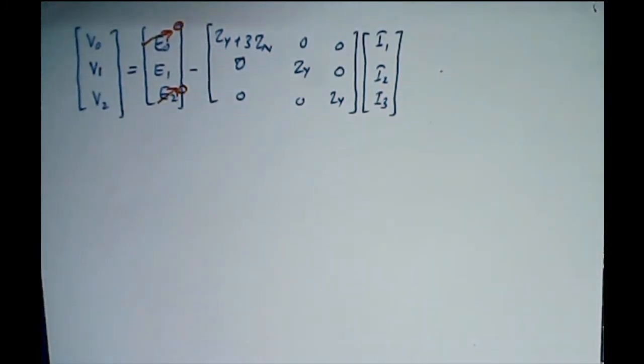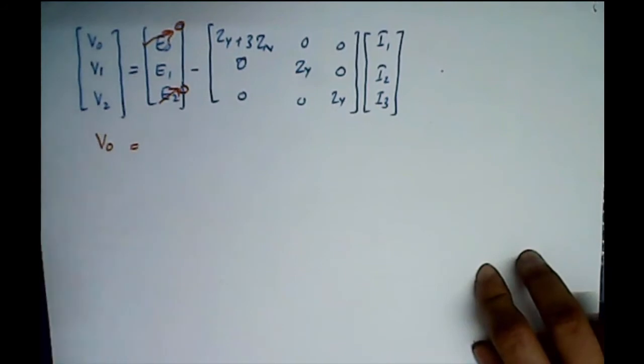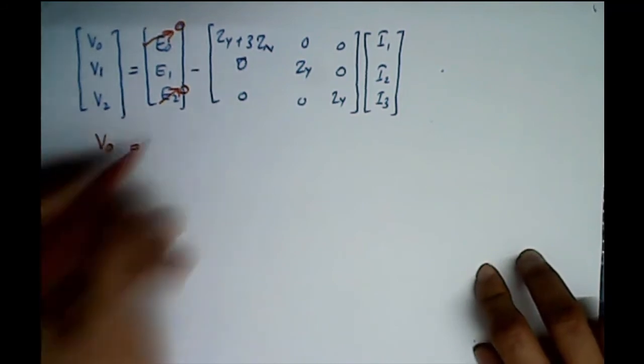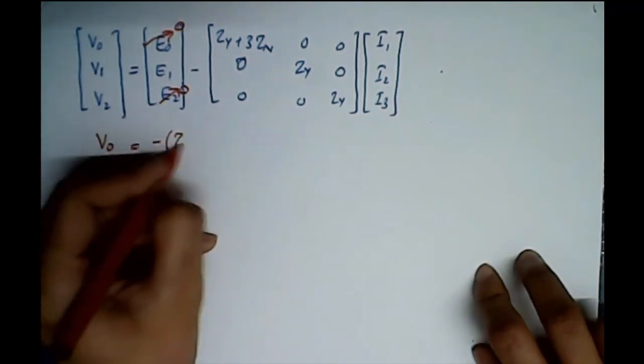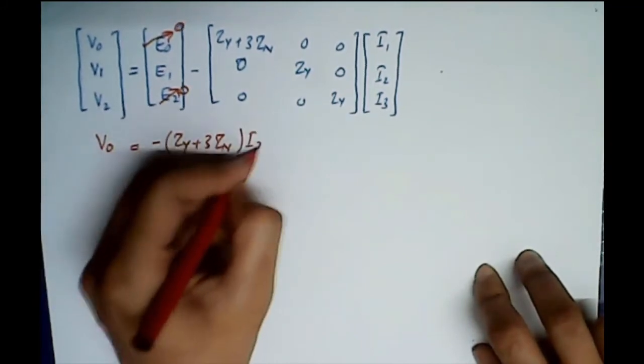So now our equations will become V0 equals minus (Zy plus 3Zn) I0.